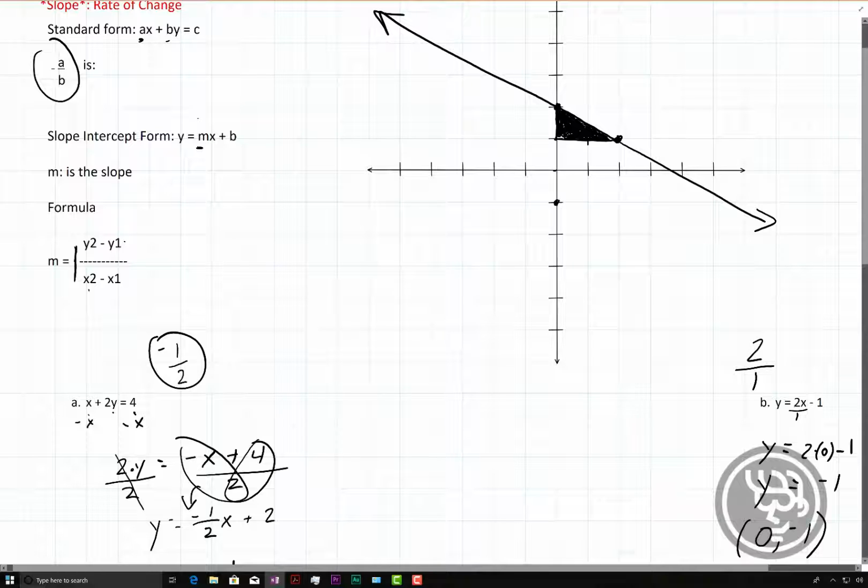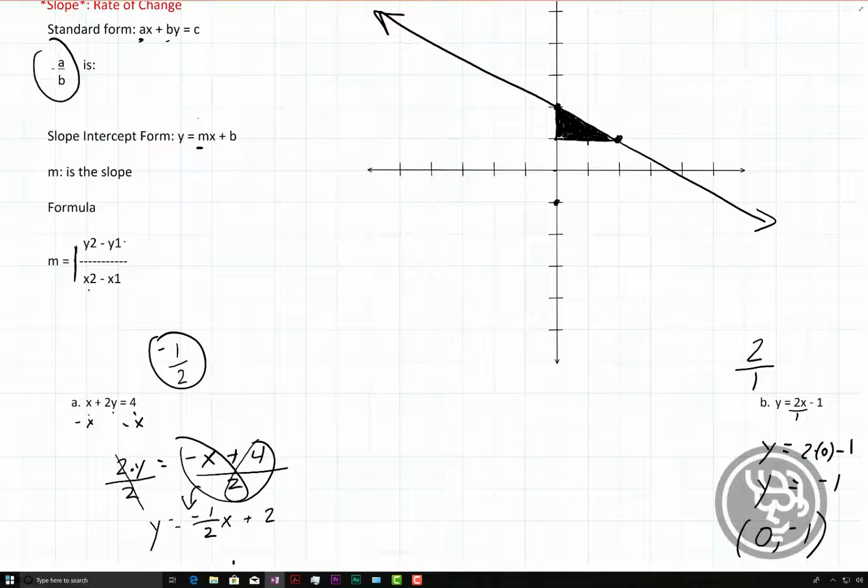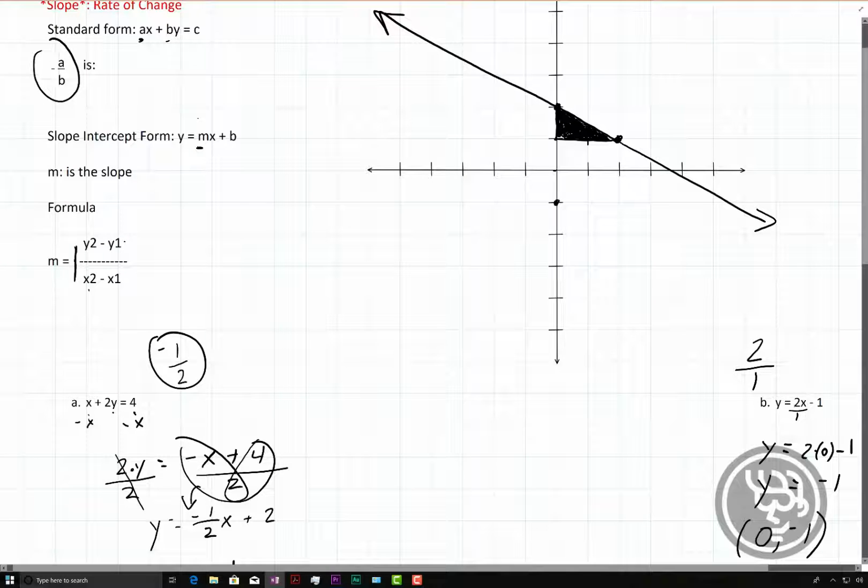Okay? Now the slope for this one is positive, so the line is going to be increasing, which is something we will be discussing. So we're going to go up 2 and then over 1. For this one, as our slope is saying, we're going to go up 2 and then over 1.